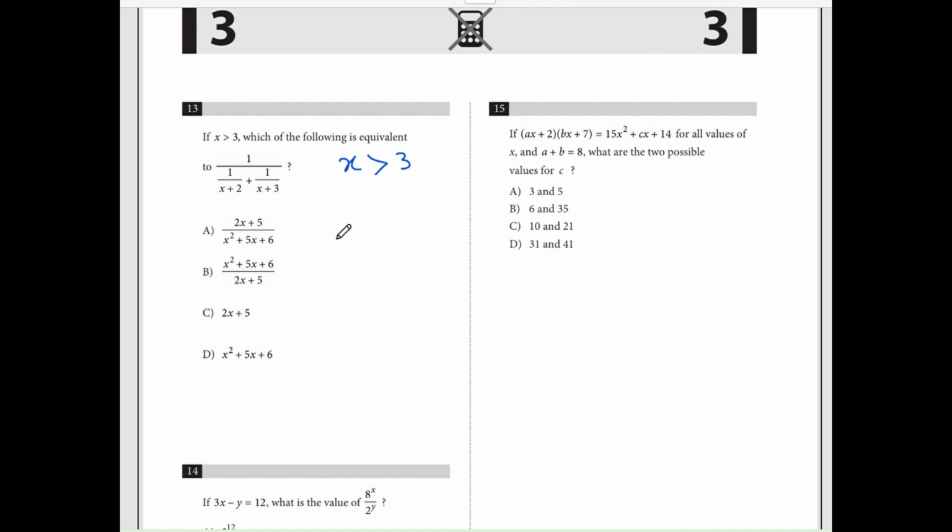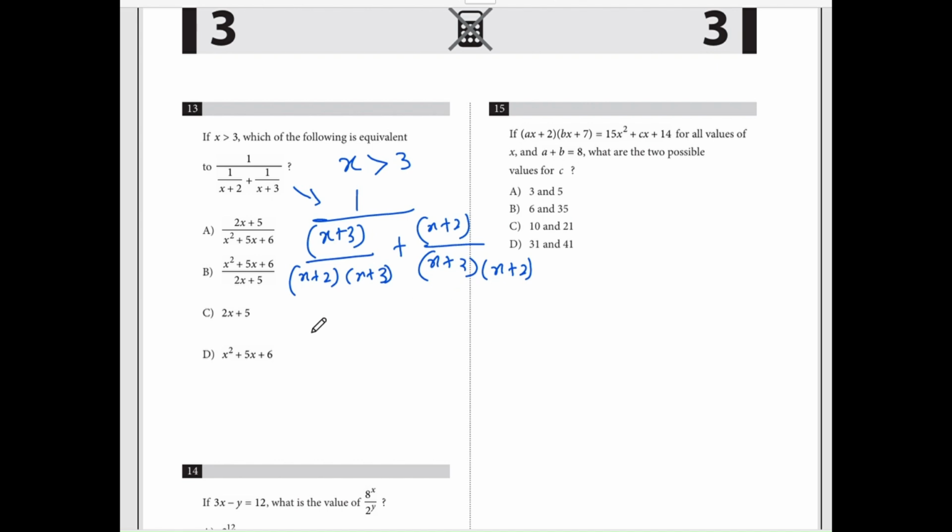We can simplify this expression. 1 over x plus 3 plus 1 over x plus 2: common denominator (x plus 2)(x plus 3), so it is (x plus 2 plus x plus 3) divided by (x plus 2)(x plus 3).